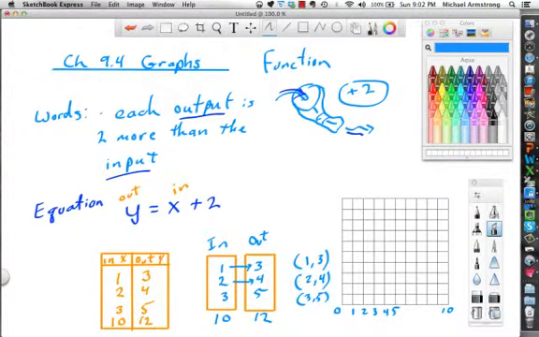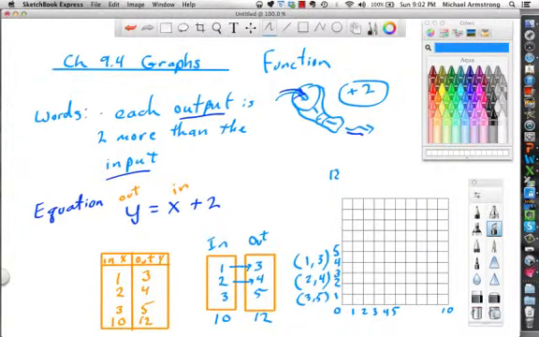And it looks like I might have some trouble with the 12. So 12 would be somewhere up here. Now it's not going to be exact, obviously.